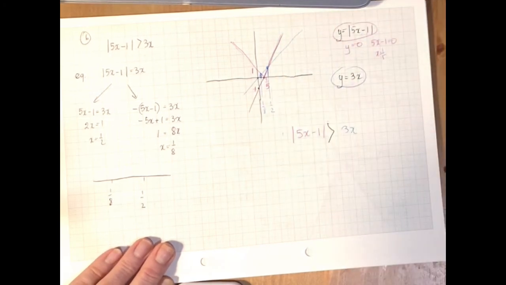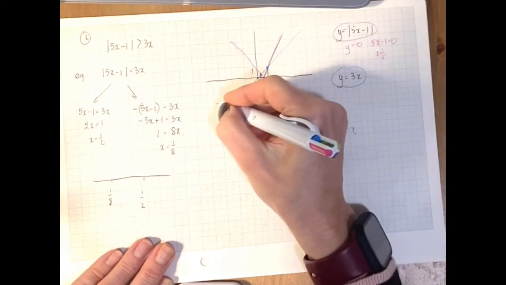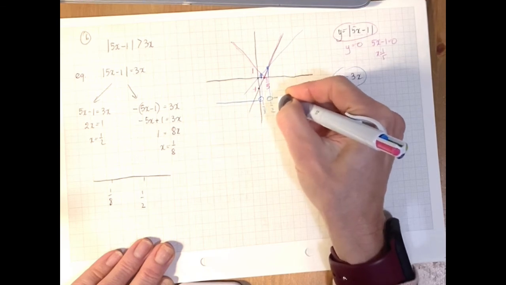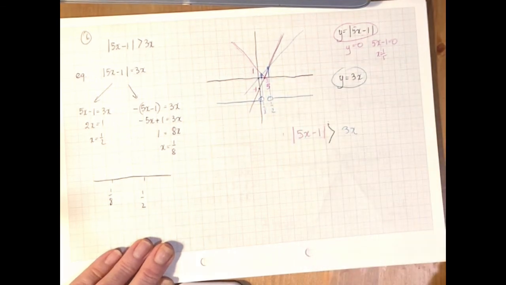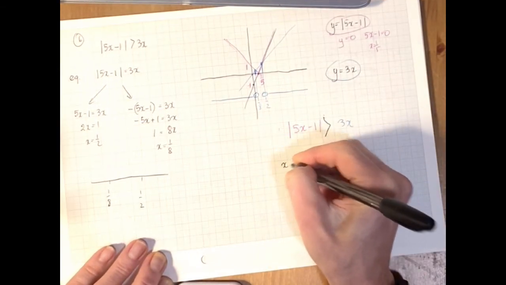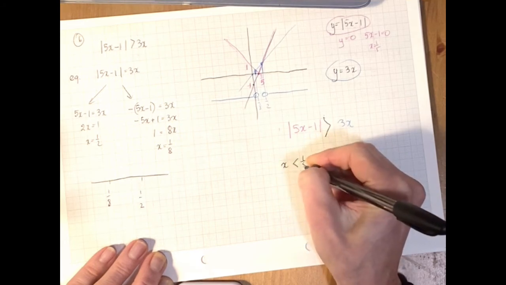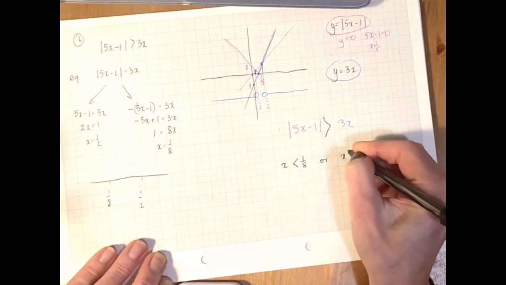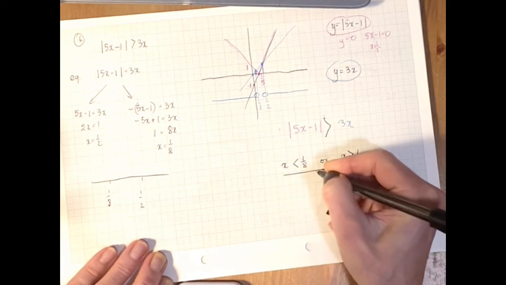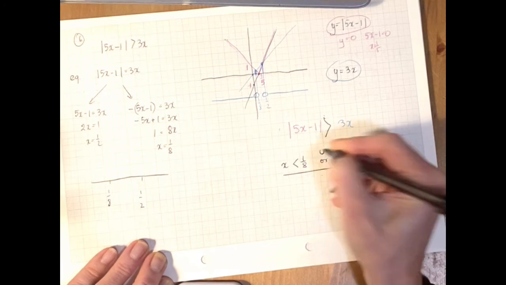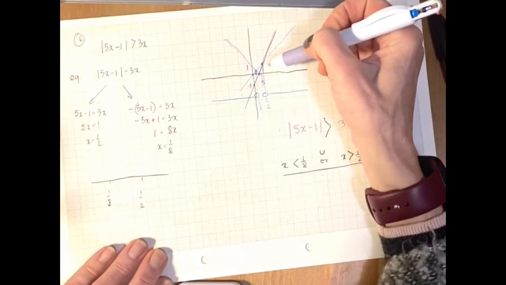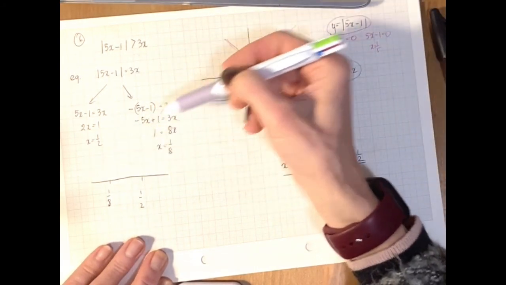So with the graph, we're going to go for all the values of x all the way up to 1/8, and for the values greater than a half. So the solution is going to be x is less than 1/8, or x is greater than a half. Or you could put the or symbol like this.